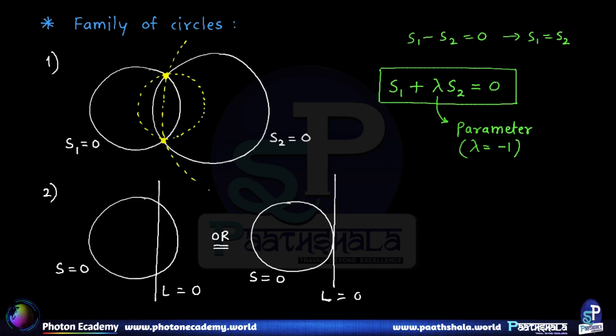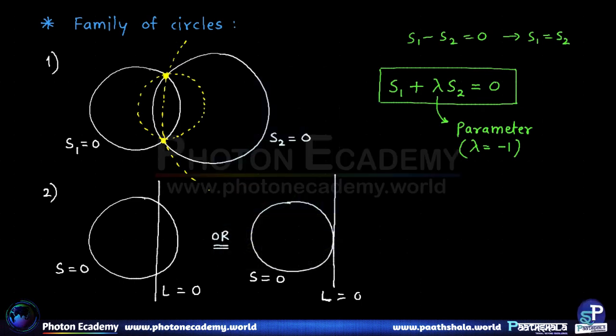Now there is a second case where a circle is intersected by a line, alright, or it could be touched by a line also. So that means there could be a secant or there could be a tangent. Now the equation of the circle we denote as S equal to 0, and the equation of either the tangent or the secant we denote as L equal to 0, indicating that it's a line.